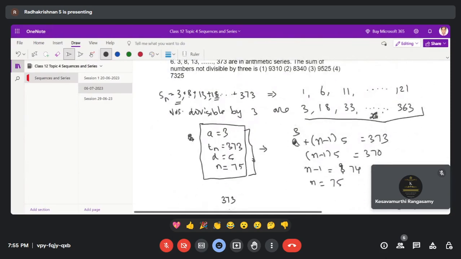Good. Sahana, did you follow this problem? Yes, sir. Okay. So the answer is 9,525, which is option 3. I got the last 2 digits wrong. I missed something somewhere in between.